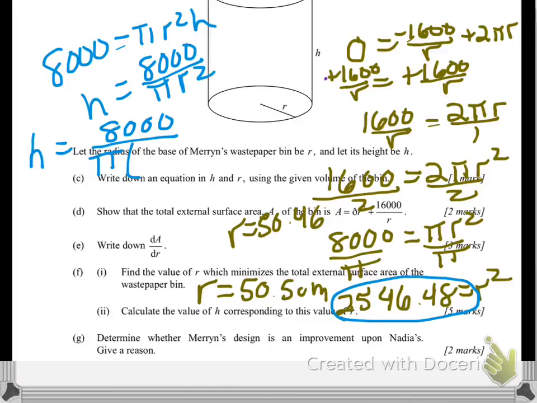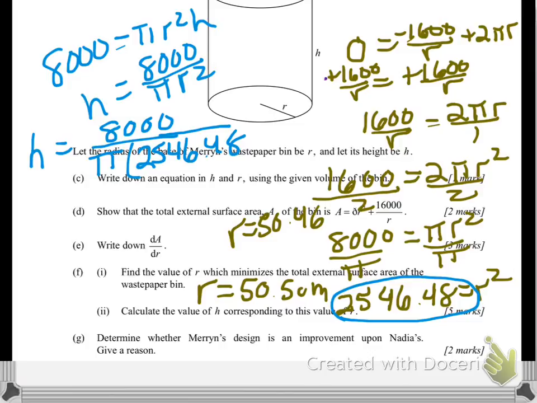Is this guy right here, 2546.48. Okay. So I have 2546.4790, which is what that is.